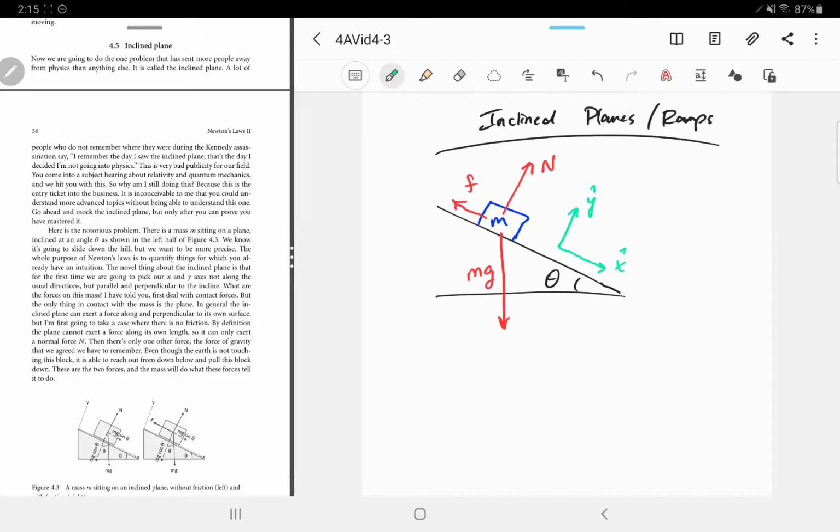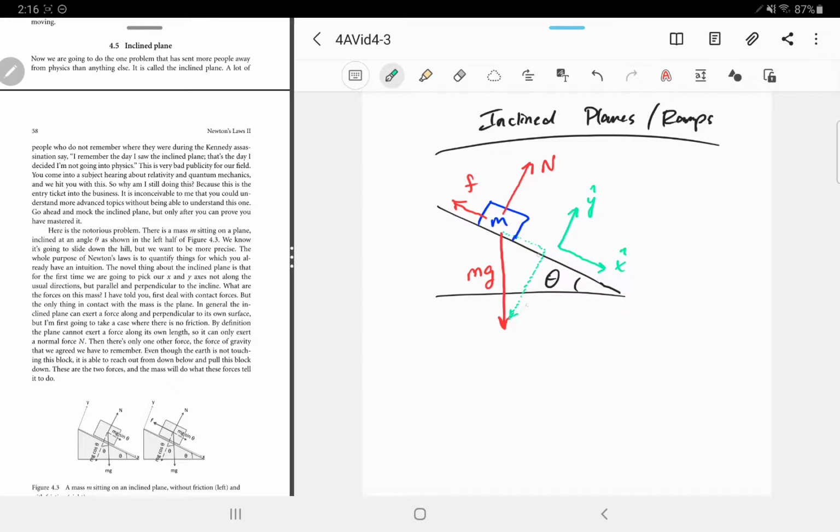And then the direction down the ramp is going to be the x direction. So the normal force is just in the y direction, the frictional force is in the minus x direction. But this means that gravity doesn't point nicely in either one of these two. There's a component of gravity along that positive x direction, and there's a component of gravity along the negative y direction.